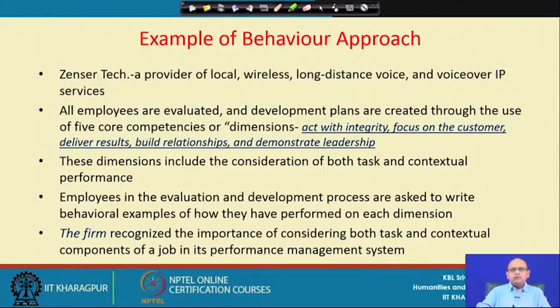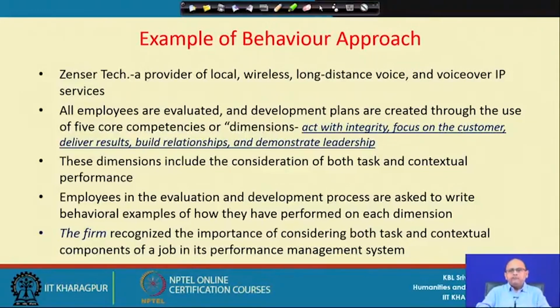So, when you look at the behavior, you need to see what the things are that need to be done. You need to identify the competencies depending upon the job description, and identify those behaviors which are relevant, critical and important to the individual, because that is what contributes to the performance, and then you evaluate them on it.